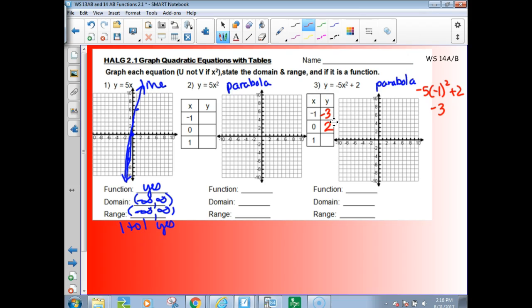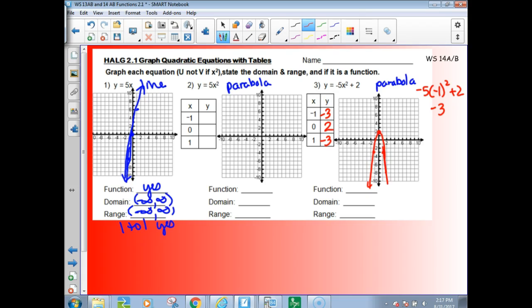Well, anyway, it wasn't what I wanted to do anyway, so I'm going to drop it for now and plot these points: -1, -3, 0, 2. What happens when you plug in 1? You should get -3. So what happens with that negative in front of the x squared is it flips the parabola upside down.